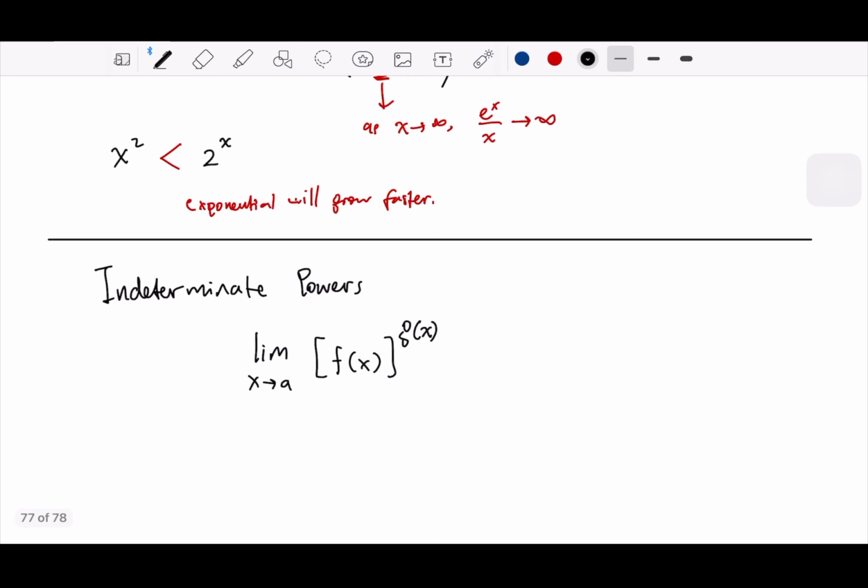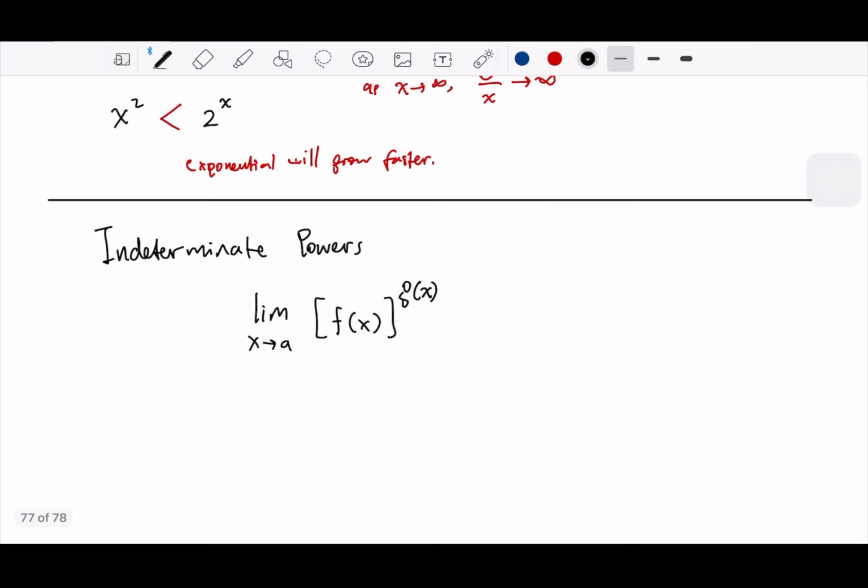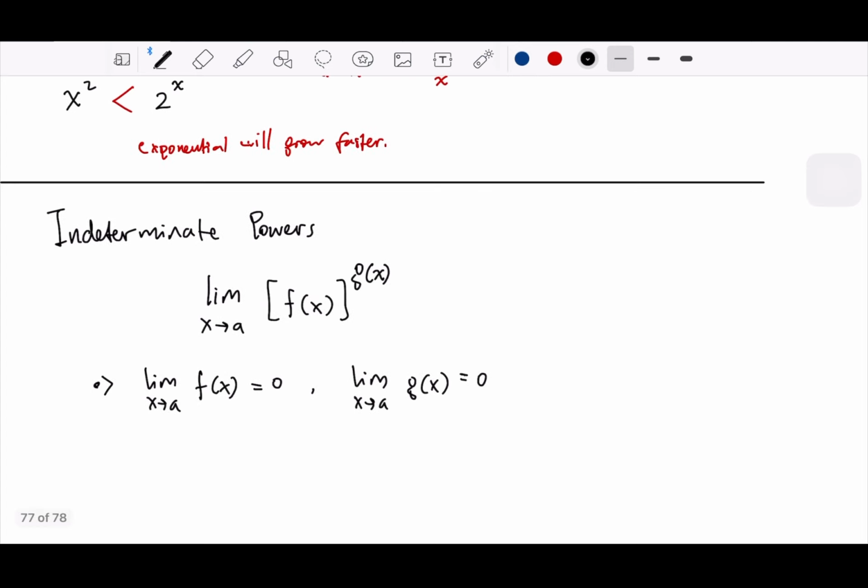Now we have several possibilities. If this is 0, and this is also 0, then what we will find is this will be getting 0 with power of 0.